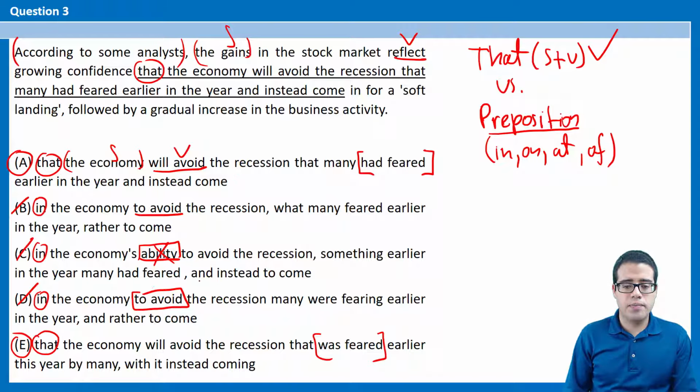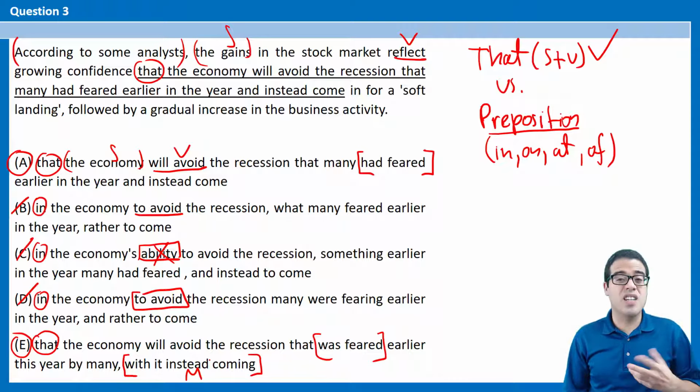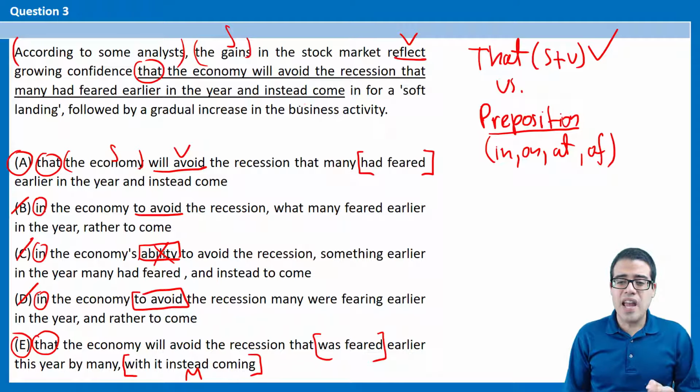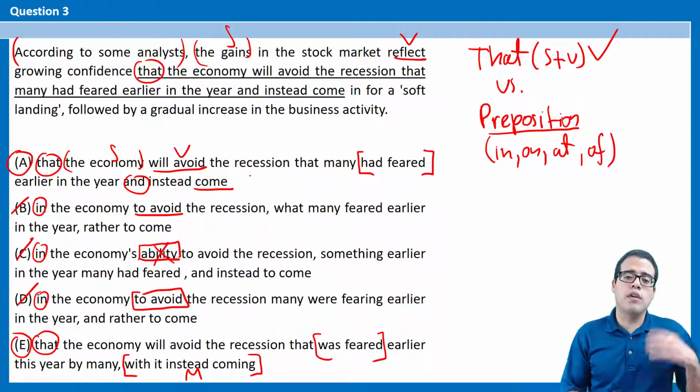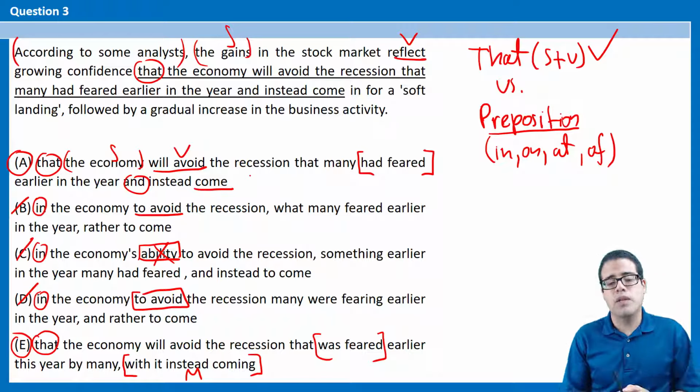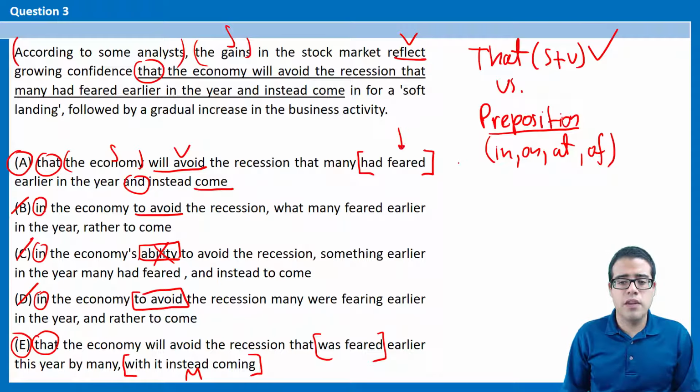For instance, in E you have with it instead coming, and that's a misplaced modifier that should be touching the economy. Okay, A is parallel because you have will avoid and instead come. Will avoid and come. That's parallelism. So what's the issue with the past perfect? Well, nothing. A works. A was the best answer.